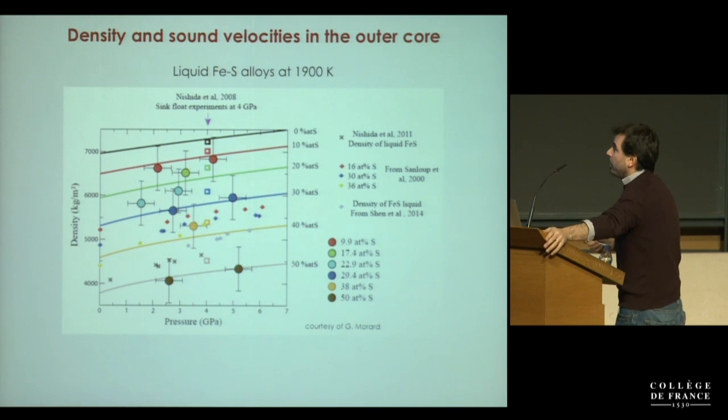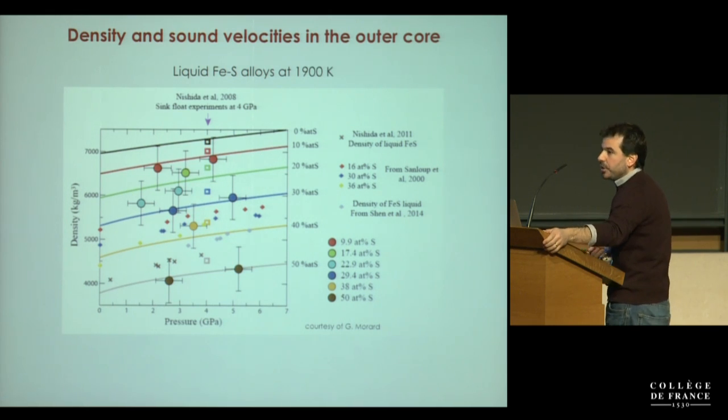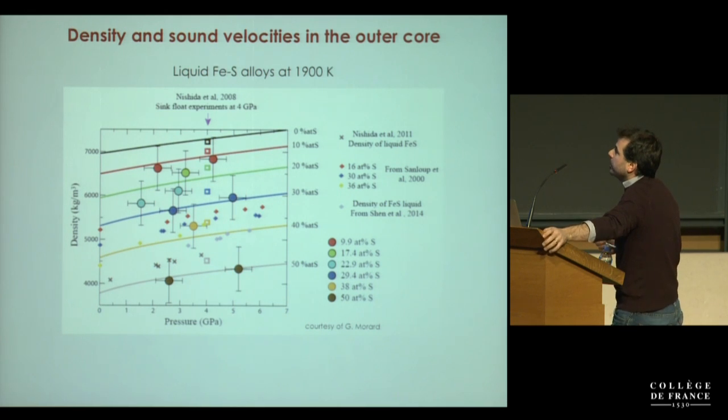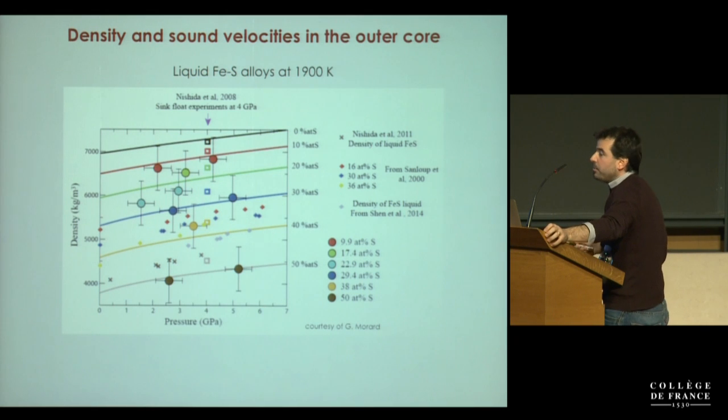This is a plot of density versus pressure for iron-sulfur alloy at 1900 Kelvin for various sulfur content. The big point, our recent experimental result, is X-ray diffraction on liquid compressed in a Paris-Edinburgh press. The smaller symbols are older literature results, and this colored line is the outcome of the thermodynamic modeling.